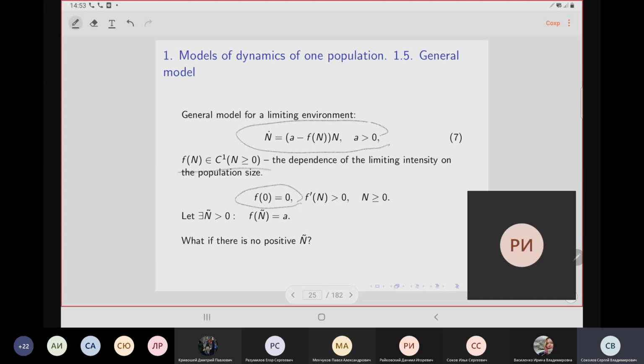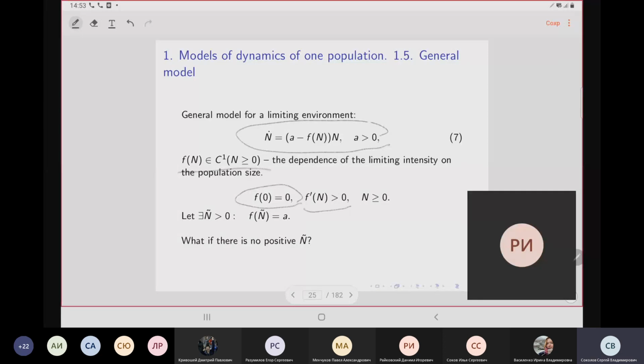If there are no species, then there is no fight between the species. Next, the function must be growing. The more species there are, the harder is the fight between them for resources. So f prime is positive.